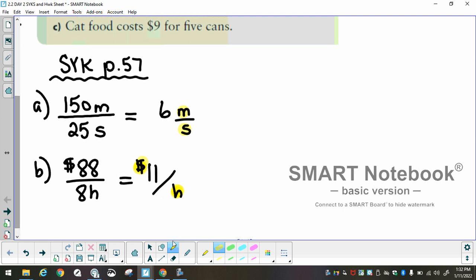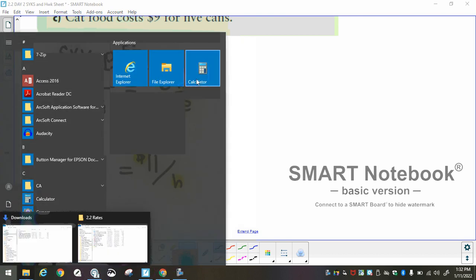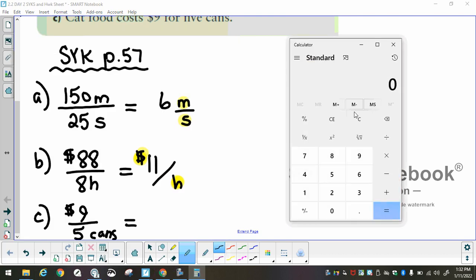Okay. And then cat food costs $9 for 5 cans. So we're going to do $9 divided by 5. This one I'm going to use my calculator. You can use a calculator at any time in this chapter. I'm going to do 9 divided by 5, and I get 1.8.